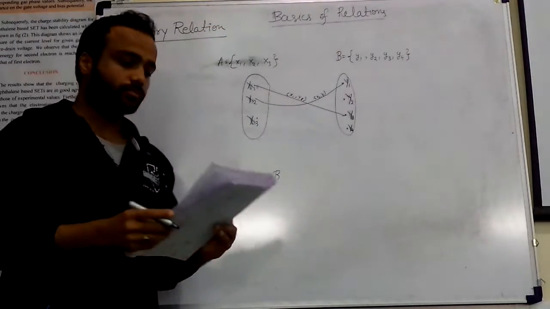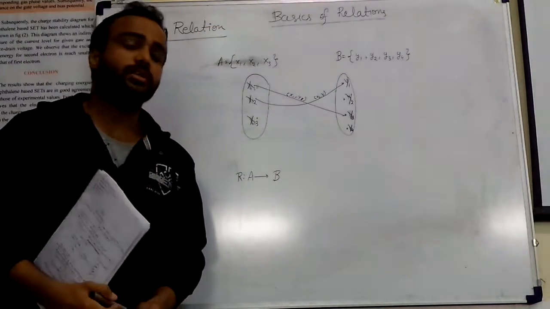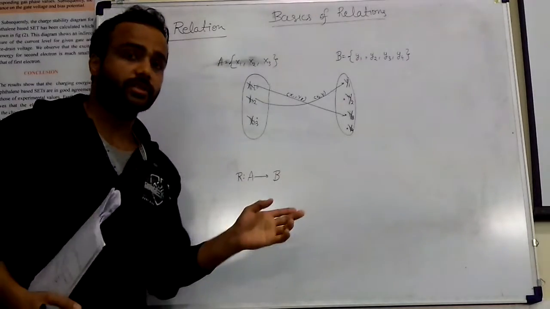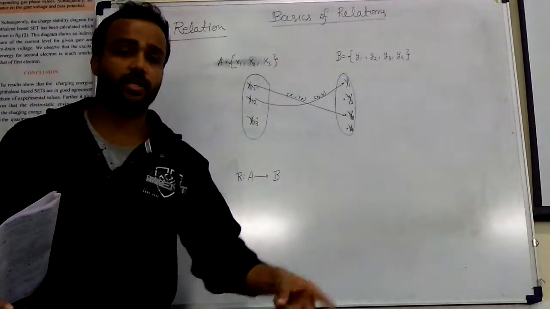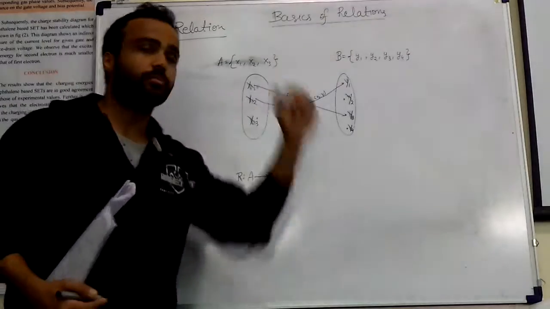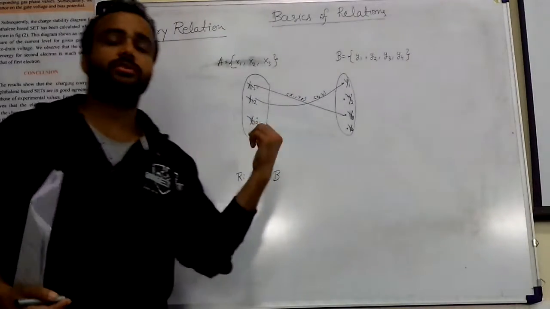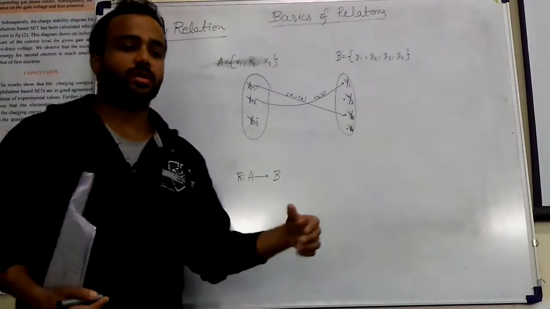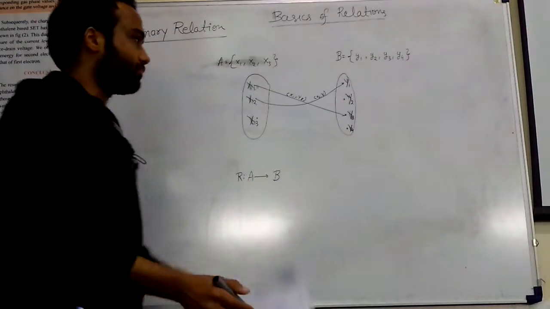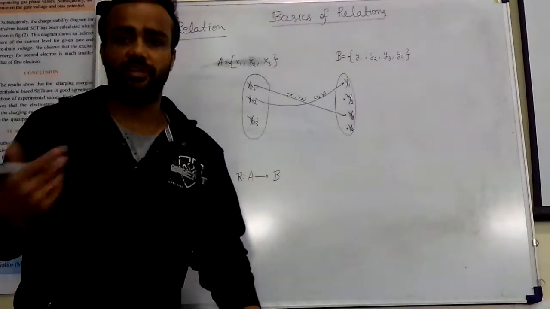Binary relation: association of elements of one set to the elements of another set. There are only two sets here, set A and set B. Association of elements of set A to the elements of set B, that is a binary relation. I will define it more mathematically later.